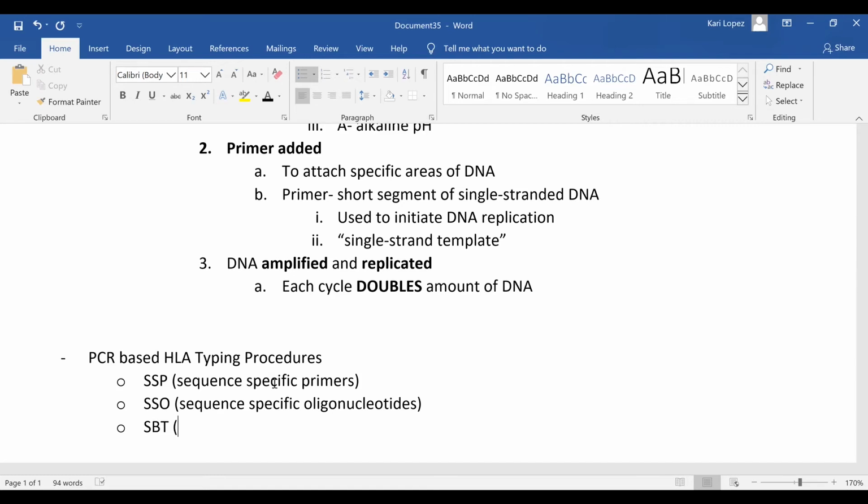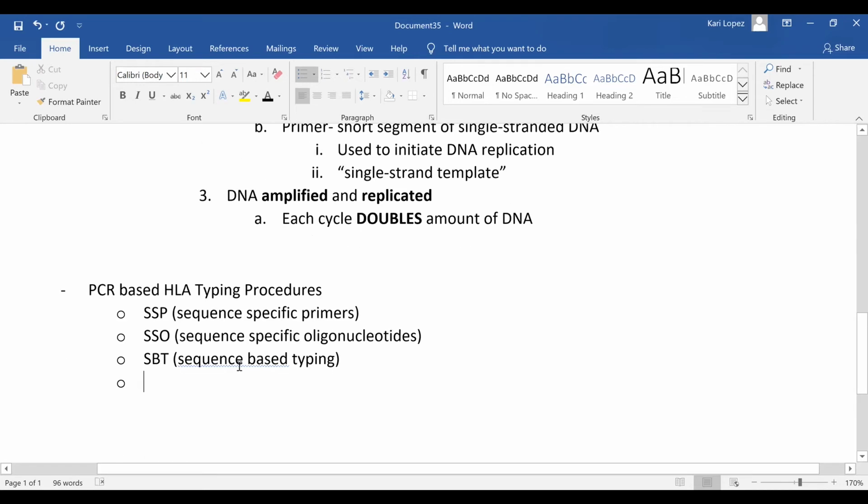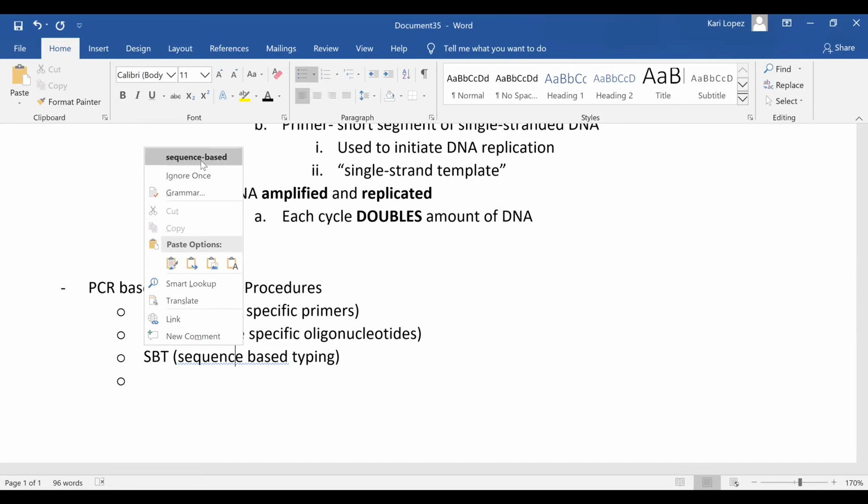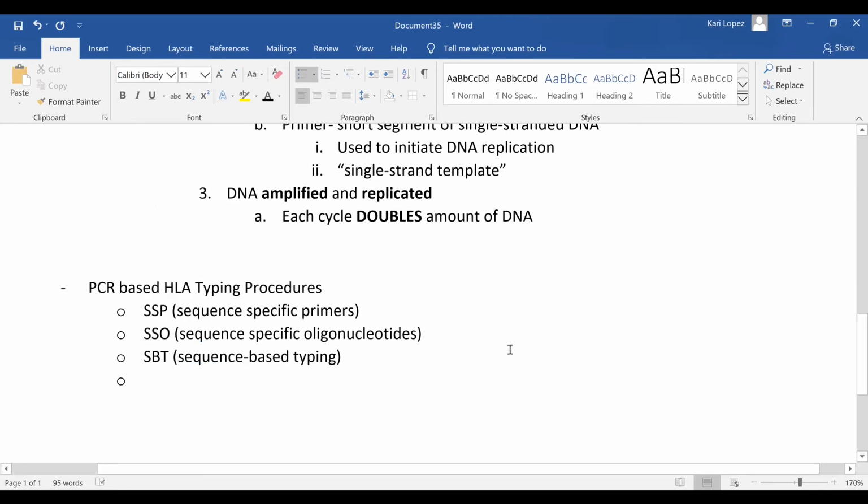That one's going to be sequence-based typing. And then the last one is STRs. And that one's short tandem repeat.